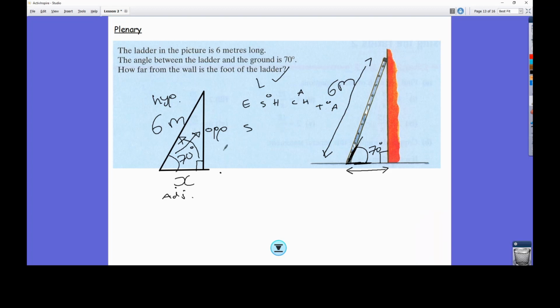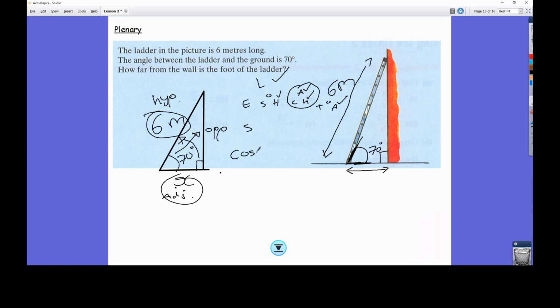Let's select our equation. Right, I'm given the hypotenuse and I want the adjacent. So I'm given the hypotenuse, so tick the hypotenuse wherever that comes up. I want the adjacent, so tick the adjacent. Well, cosine I've ticked twice, so that is the one that I'm going to select.